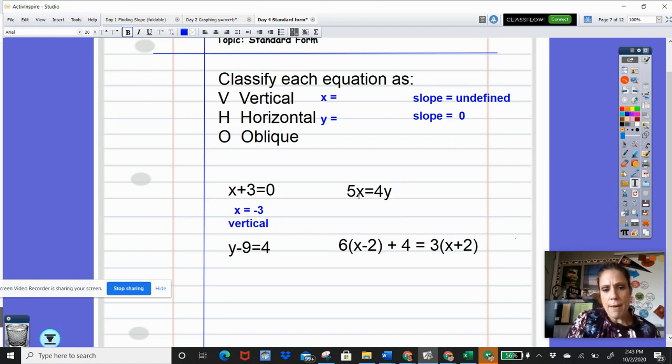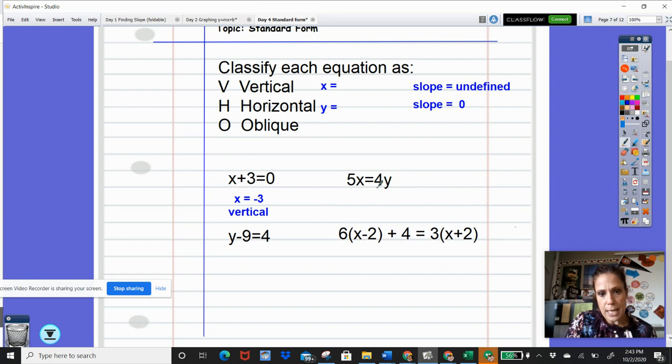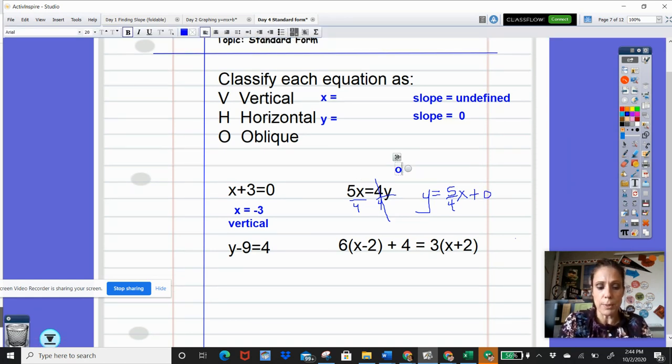If you have 5x equals 4y, notice we have a variable on each side. If I divide both sides by 4, I would be left with y equals 5x over 4. This would have a y-intercept of 0, and this would be an oblique line, O for oblique.